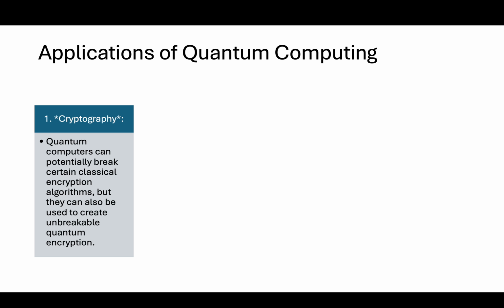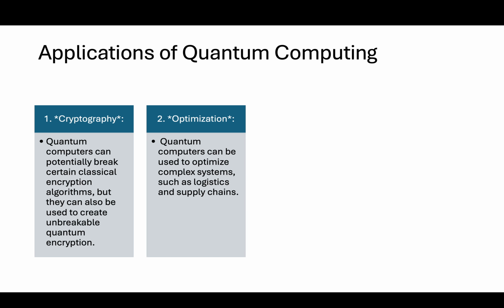Quantum computers can potentially break certain classical encryption algorithms, but they can also be used to create unbreakable quantum encryption. As part of optimization, quantum computers can be used to optimize complex systems such as logistics and supply chains.